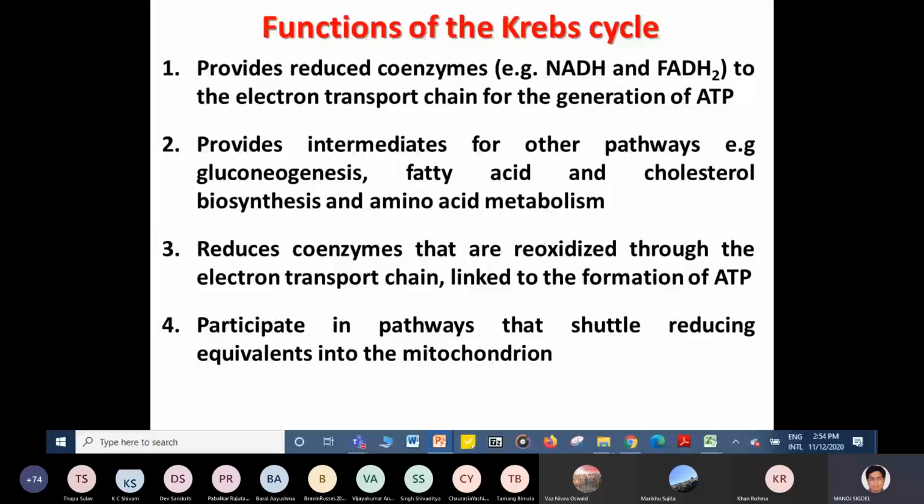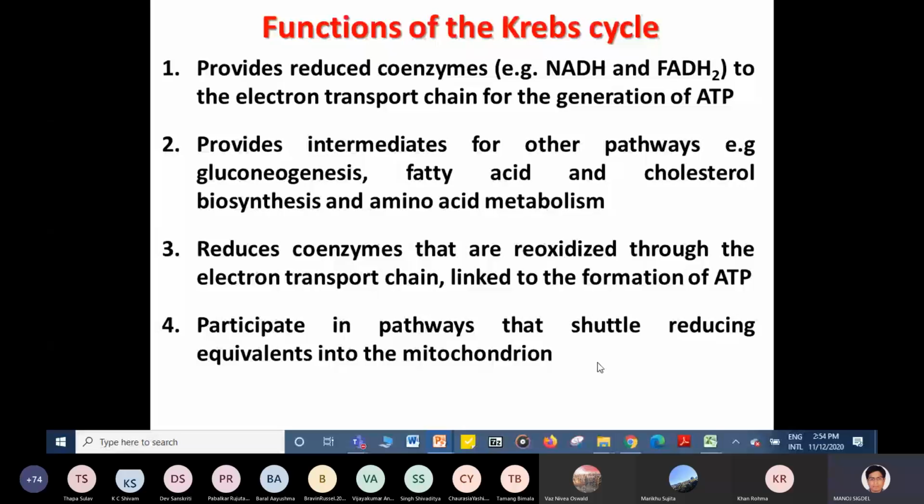And this also participates in pathways that shuttle reducing equivalents into the mitochondria. Because now we are talking about the electron transport chain that occurs in the mitochondria, but the reactions of this TCA cycle, which occurs in the mitochondria, are also essential to carry NADH, which is formed in, for example, glycolysis, into the mitochondria, so that from that NADH, ATP will be produced.